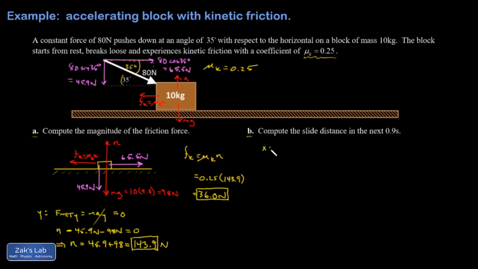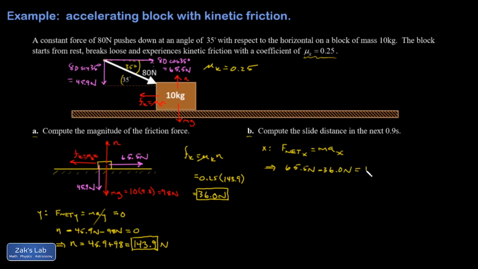I look at my x analysis. F net in the x direction is equal to mass times the acceleration in the x direction. F net, if I call the rightward direction positive, is going to be 65.5 newtons, minus the friction force that points to the left, 36.0 newtons.